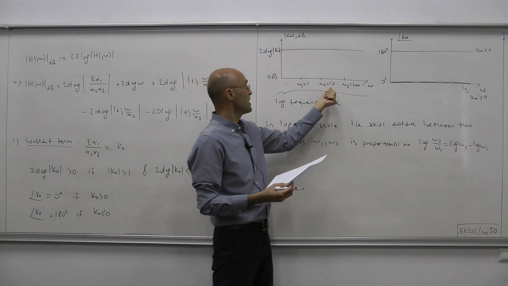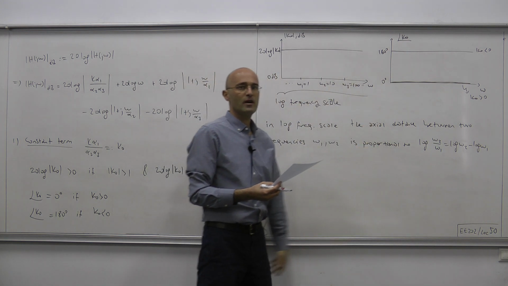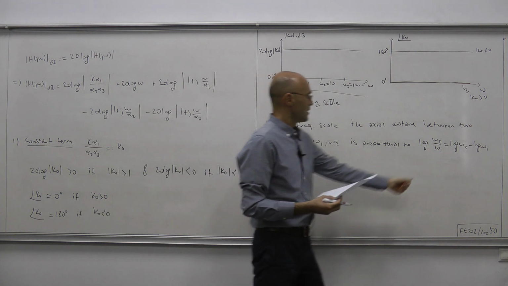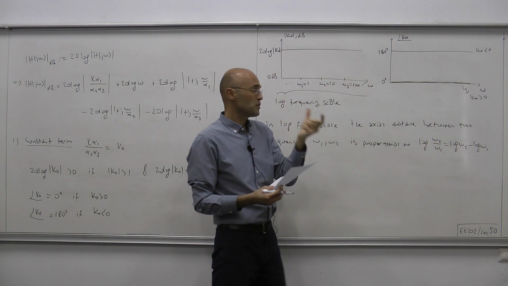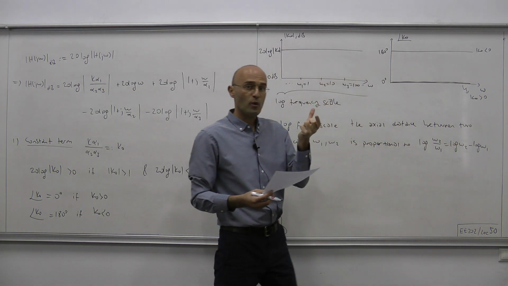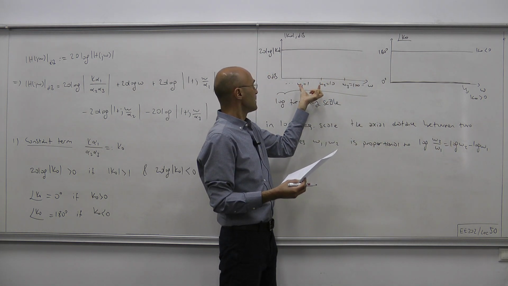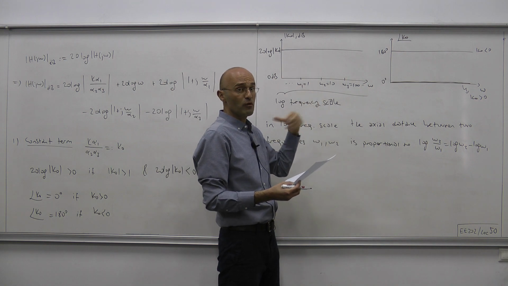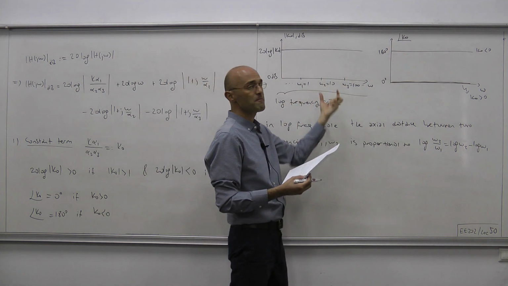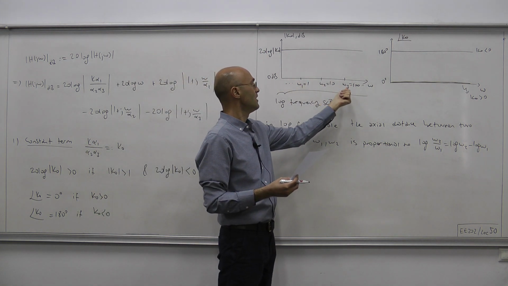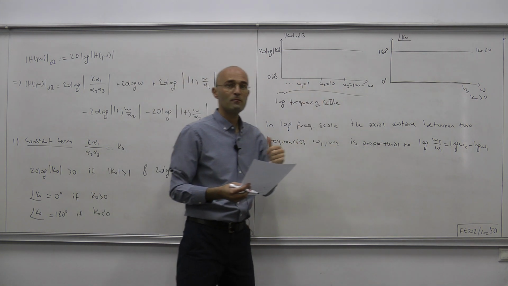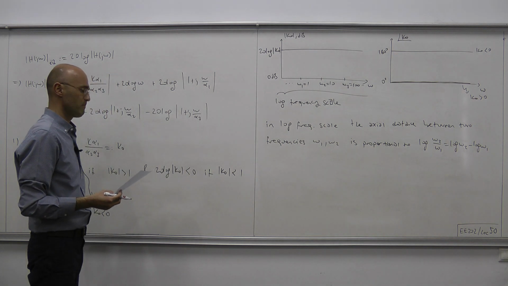And from 10 to 100 again you move a tenfold, omega 3 over omega 2, again 100 over 10, that produces log 10, that produces 1. So in log frequency scale, the distances are the same, because the ratio of omega 2 to omega 1 and the ratio of omega 3 to omega 2 are the same.